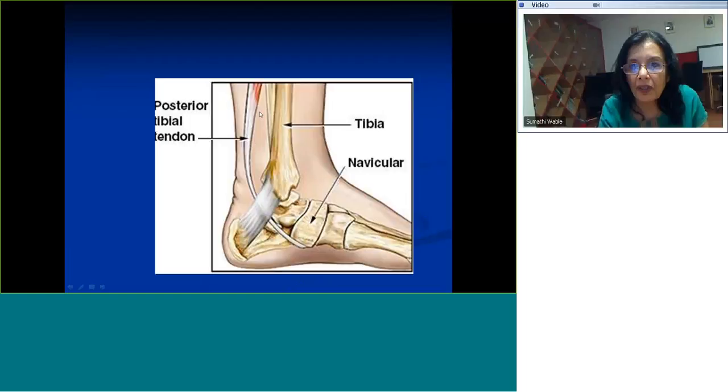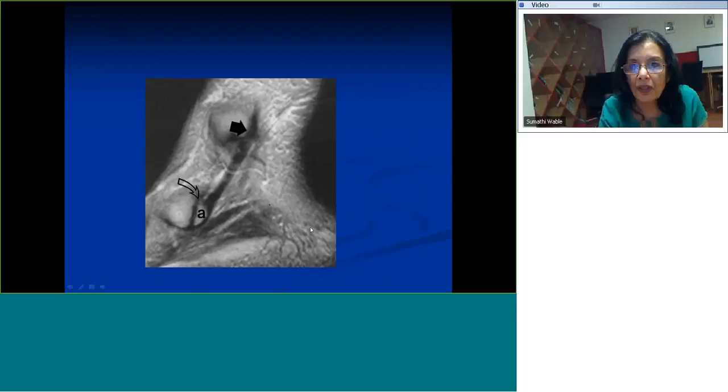This is another example of a thickened, very abnormal tibialis posterior tendon with a lot of intrasubstance signal, near complete tear. Now, just to show you where the tibialis posterior tendon lives, this is the flexor retinaculum, which keeps the tendon in place, and bulk of the tendon inserts into the navicular, with additional slips going to the cuneiforms.